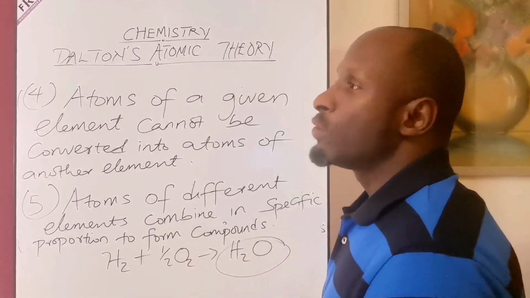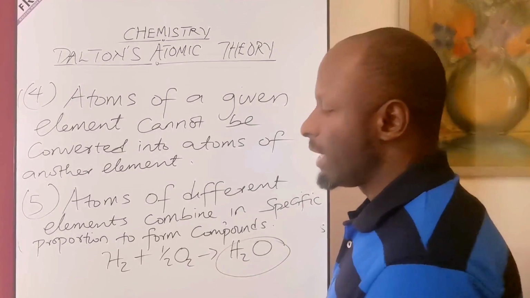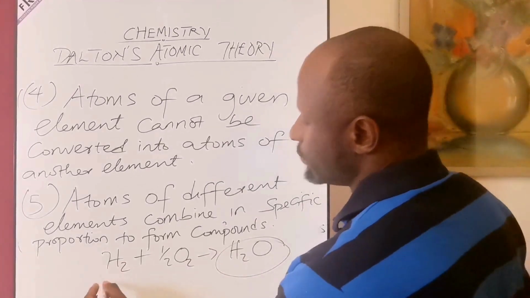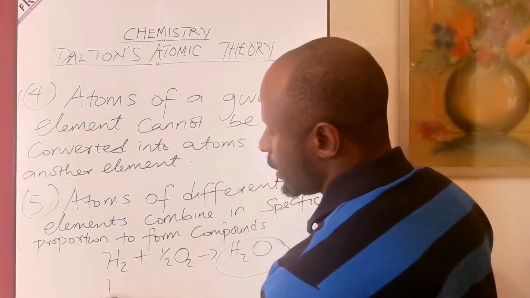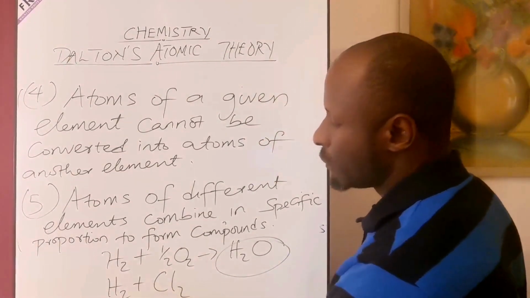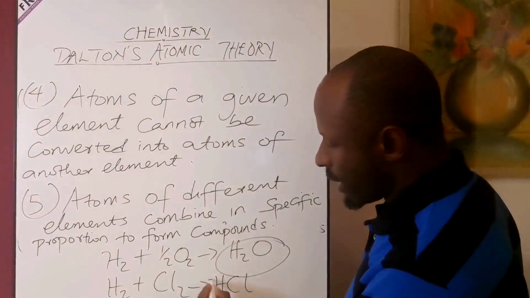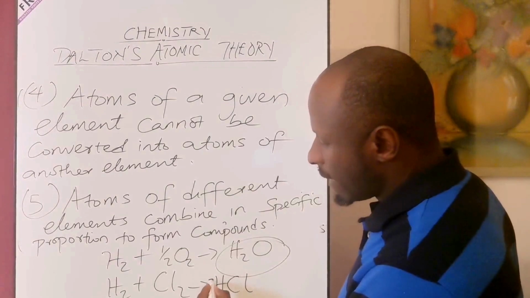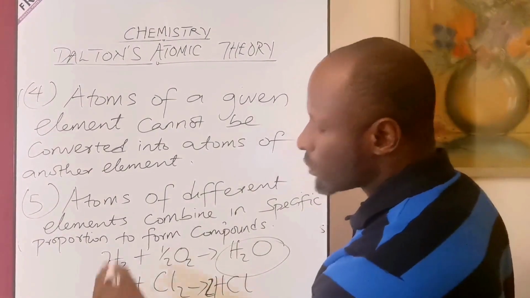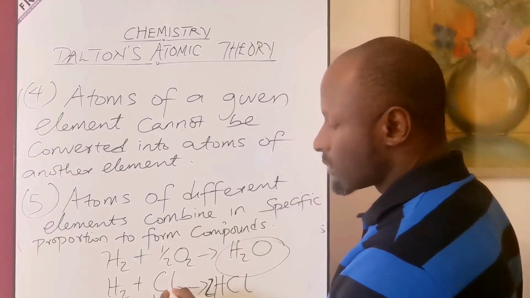Now, if you are trying to form a different compound, let's say for instance, this is hydrogen and chlorine forming hydrogen chloride. Now, to get this, 2 atoms of hydrogen combine with 2 atoms of what?